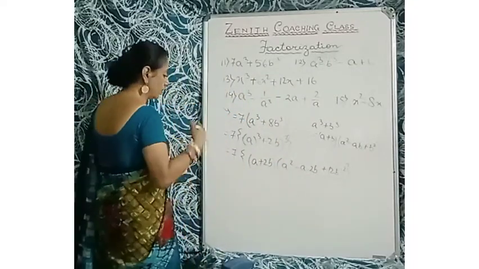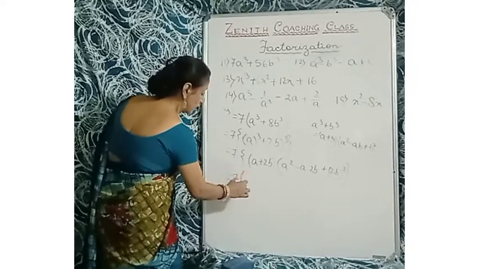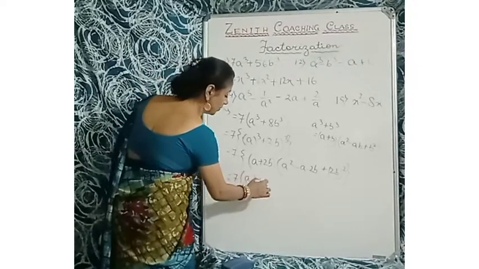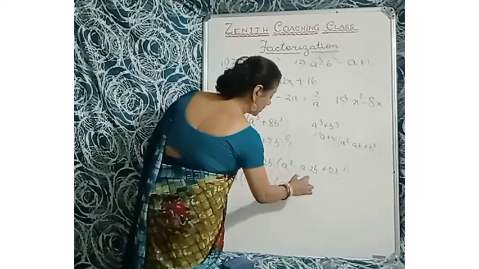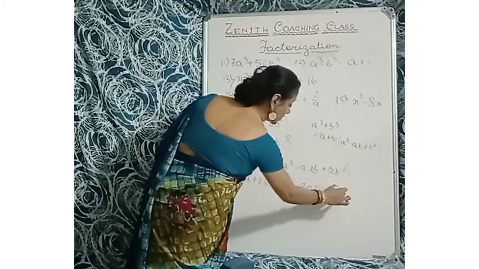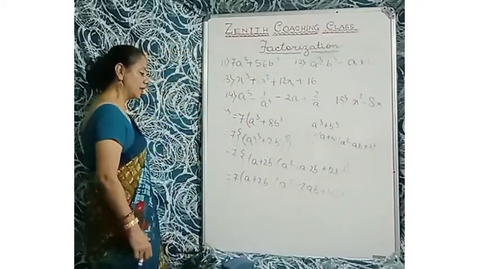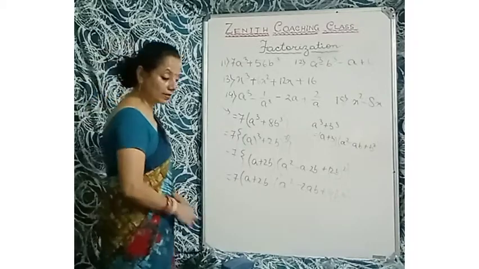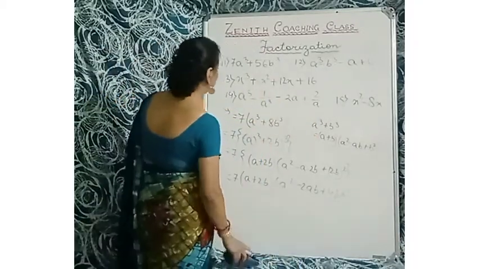Okay, so ink is not there, I think. So 7 times a plus 2b multiplied by a square minus 2ab plus 4b square. Understood the sum? That is a cube plus b cube. Formula of a cube plus b cube. Then I will come to the next sum.